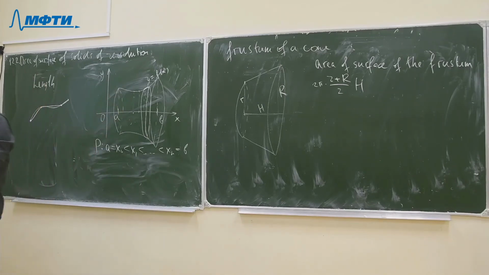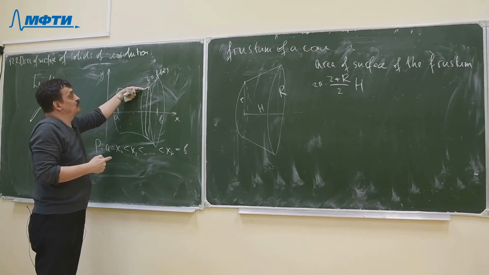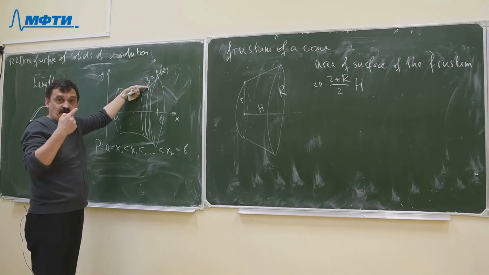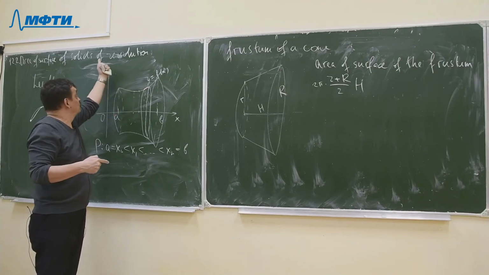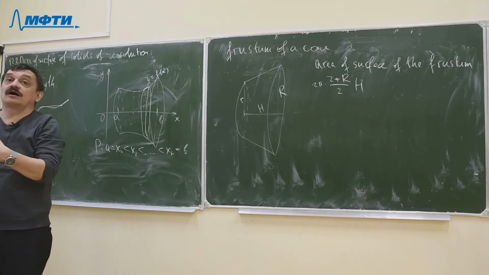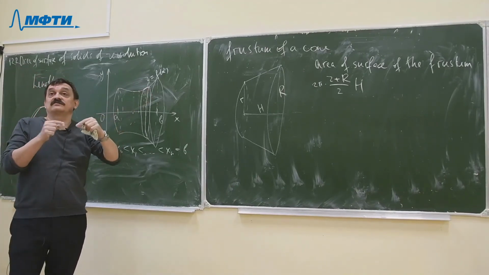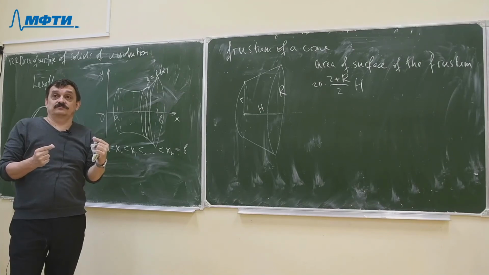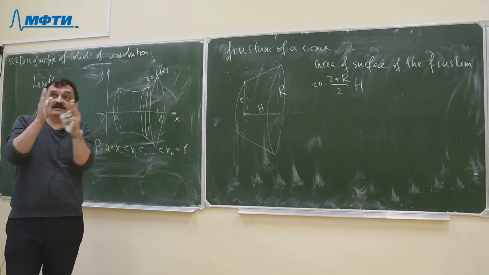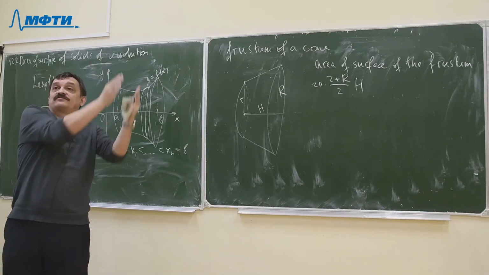And we replace the surface of our solid of revolution by the surface of this thin frustum. And then, once again, we collect all of those thin frustums together.